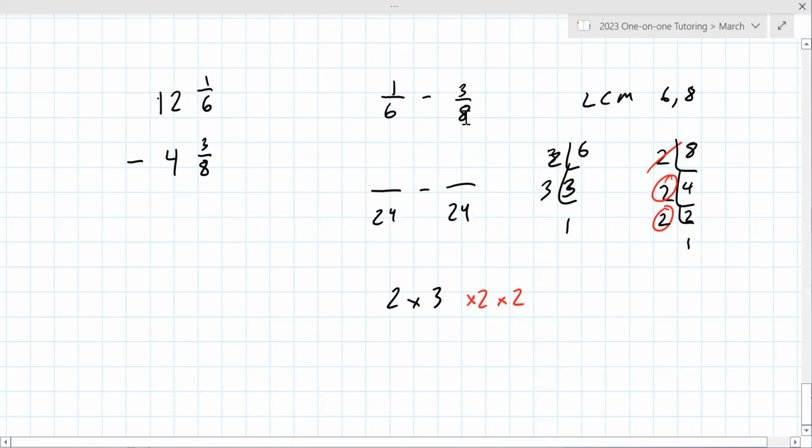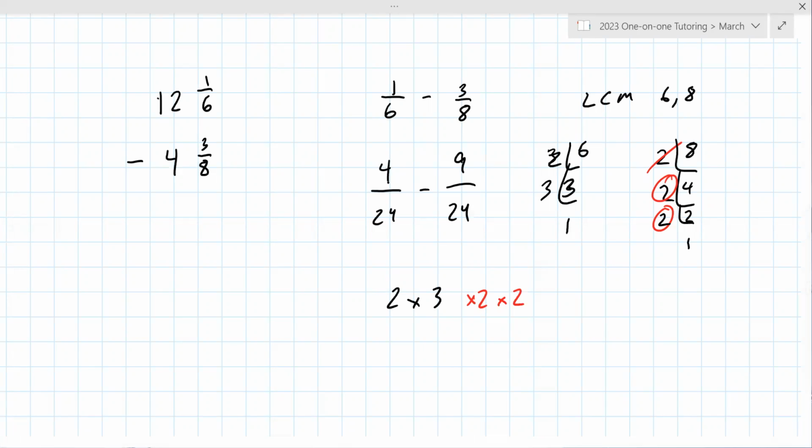It would be 9 for the 8 one, and for the 6 one, it would be 4. 4, good. Now this is where you should see that the 4 is smaller than the 9, so this is a problem. Yeah. Okay, now what to do?